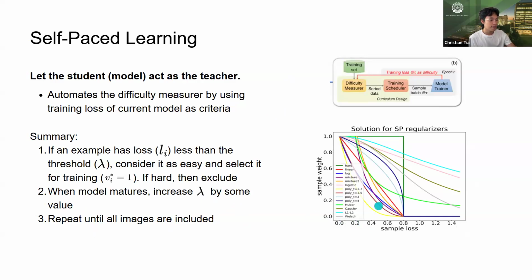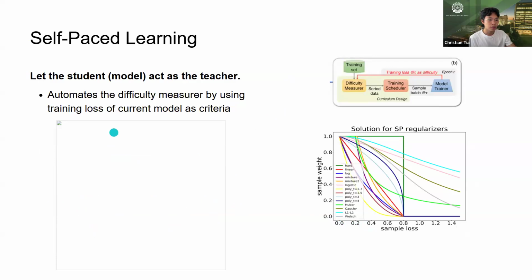We can have multiple regularizers to decide how we weight each example at each step. We have hard regularizers, which are binary. You can see here that if lambda, or the threshold, is set to 0.8, anything below 0.8 would have a weight of 1, and anything above 0.8 would have a weight of 0.